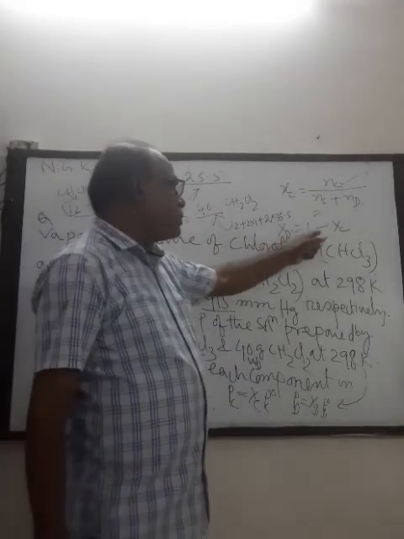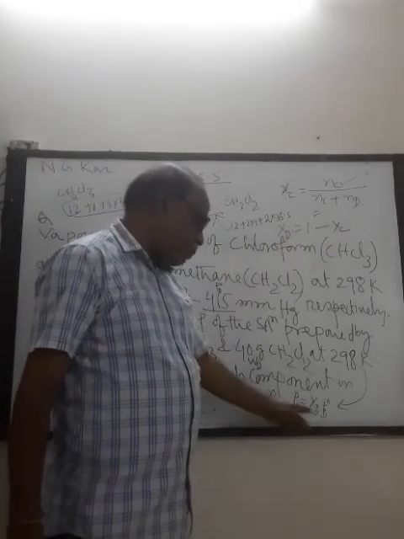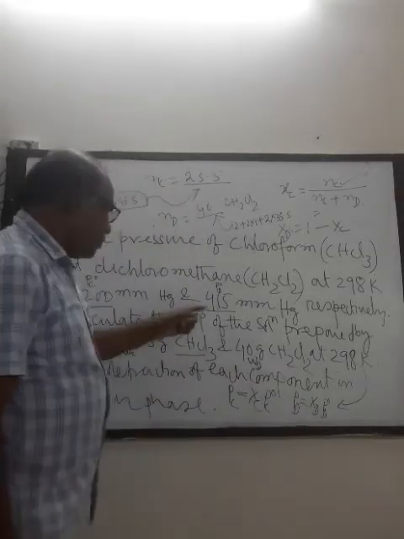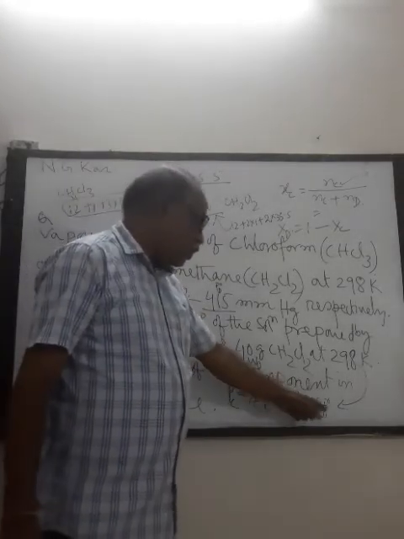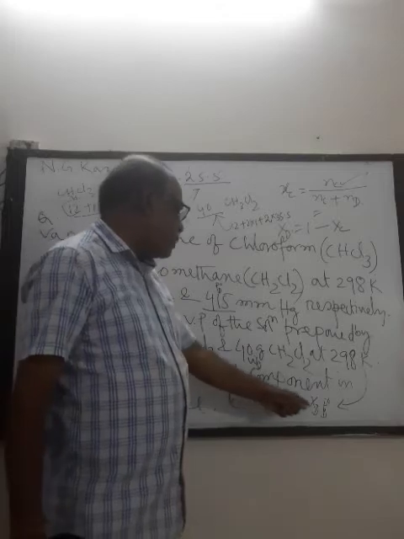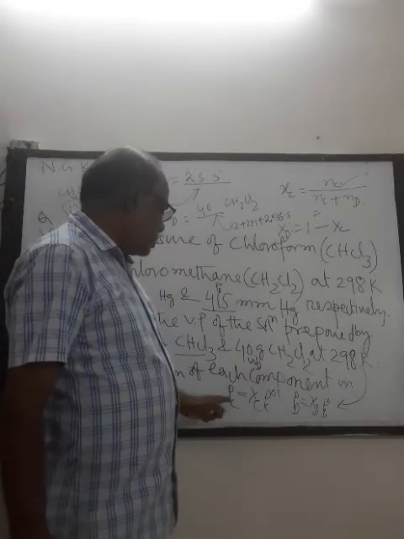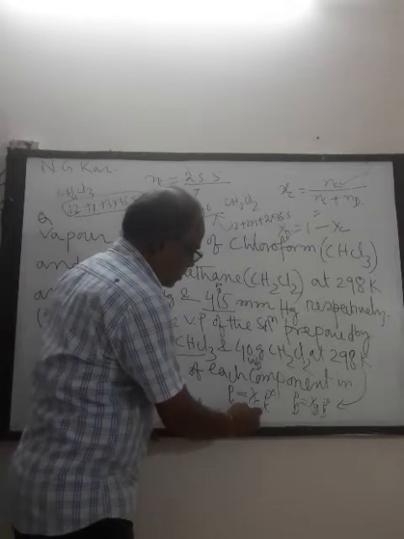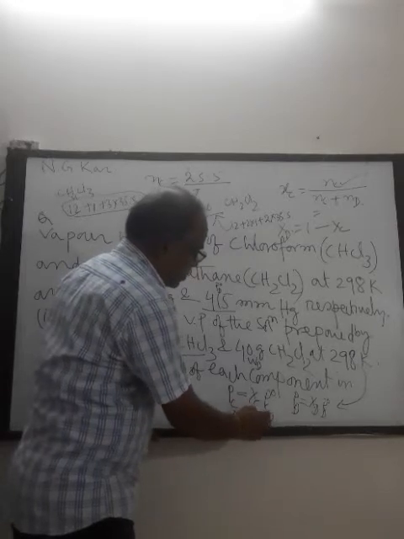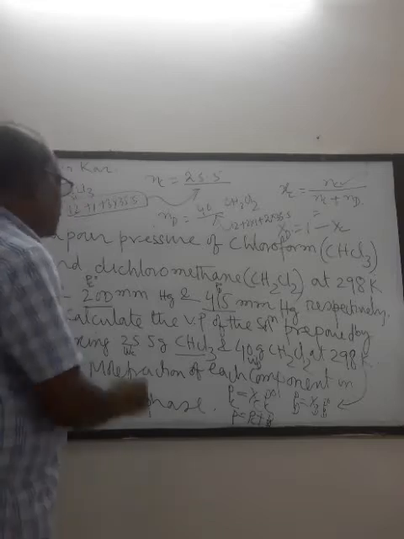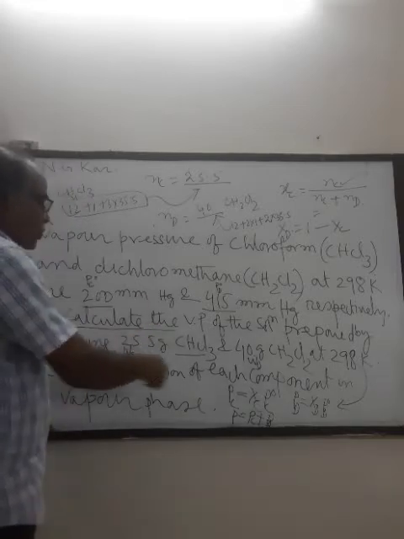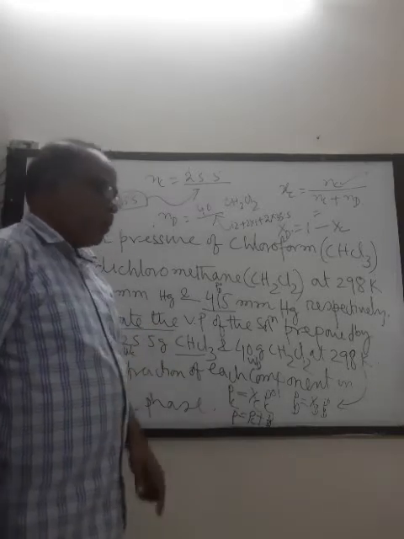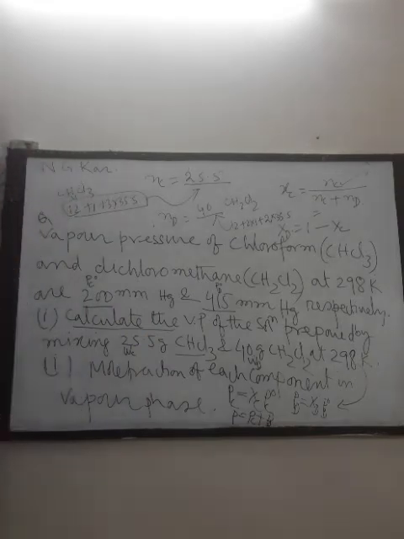So 1 minus mole fraction of chloroform gives XD, and this is our PD naught. Then we get PD, and if we sum these up, we get the vapor pressure of solution.